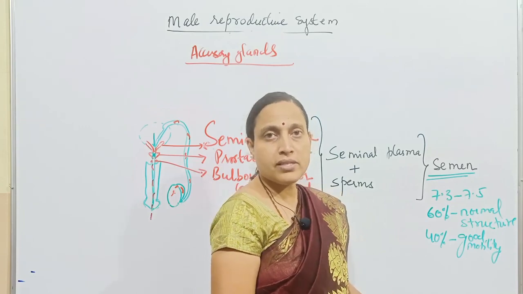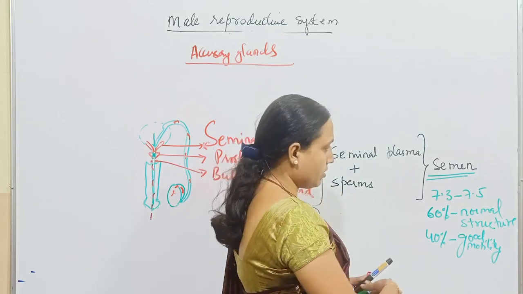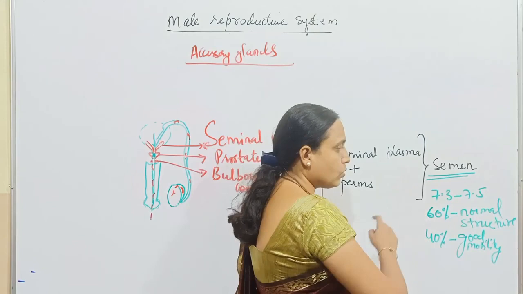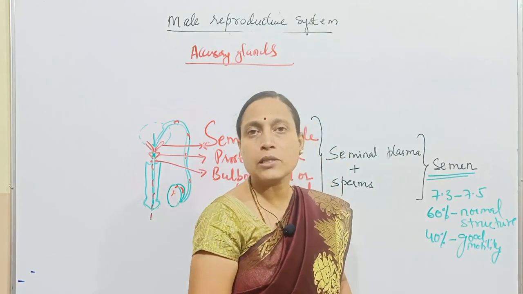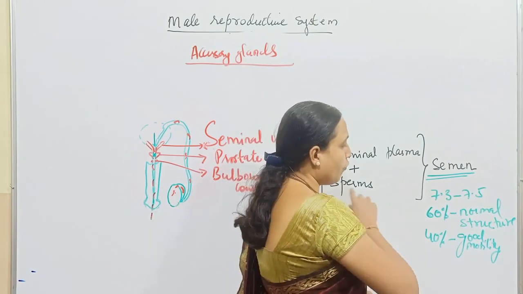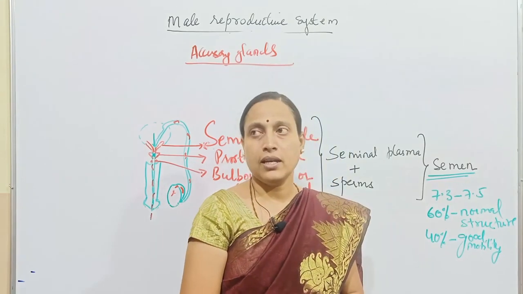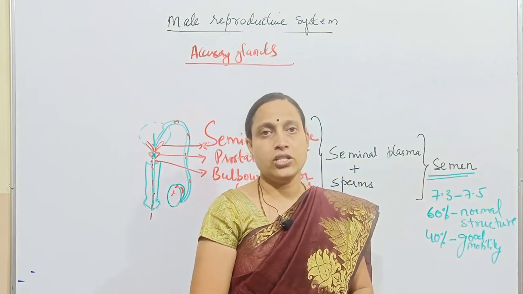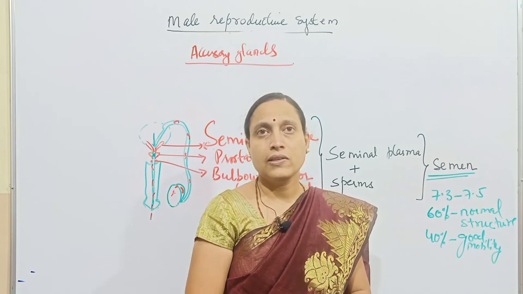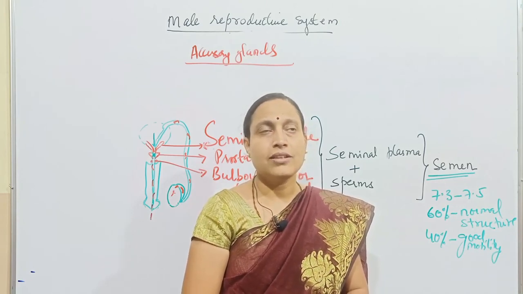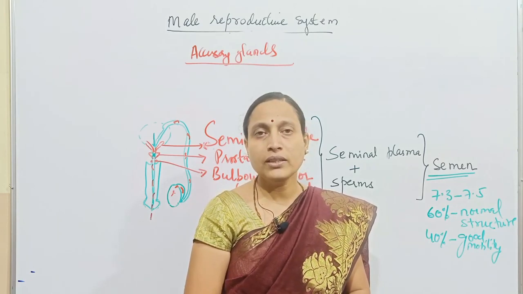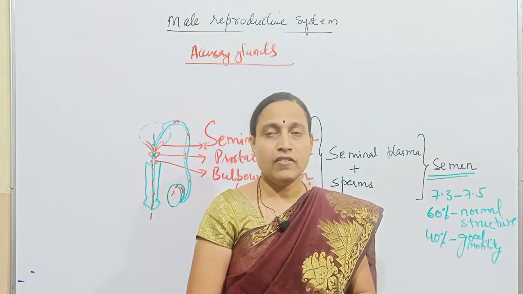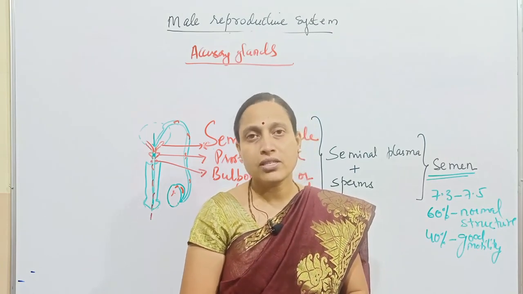Suppose a person does not have these features, like there is no 60% normal structure in the sperm, or there is no 40% good motility. If these components change, there is a chance that the person can suffer with infertility, which is nothing but inability to produce children.